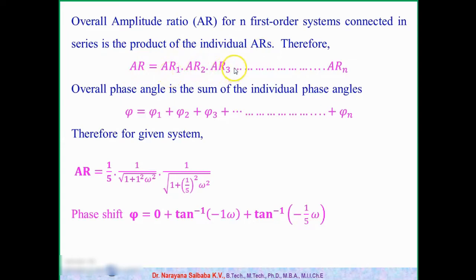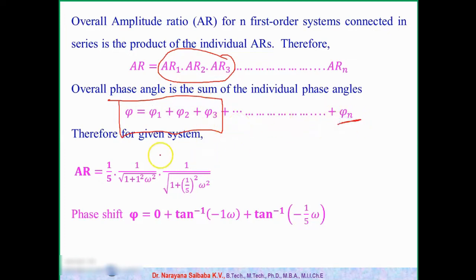In our system we have only 3, so you can multiply up to 3 systems. But this formula you can apply for n number of systems also, then it becomes AR1 into AR2 into AR3 up to ARn. Whereas the overall phase angle is the sum of individual phase angles. So phi equals phi1 plus phi2 plus phi3 for the given system. If you have n systems, it will go up to phi n.